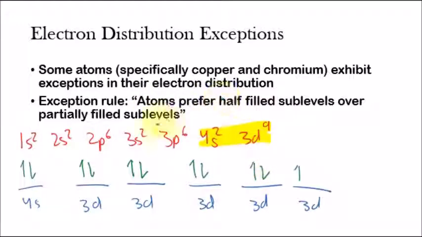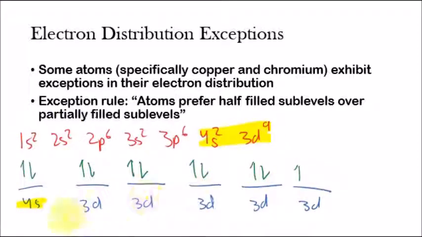So what this is saying is atoms prefer half-filled sublevels over partially filled sublevels. If you look here, this sublevel right here has a full, completely filled sublevel, meaning that the electrons are completely filled.